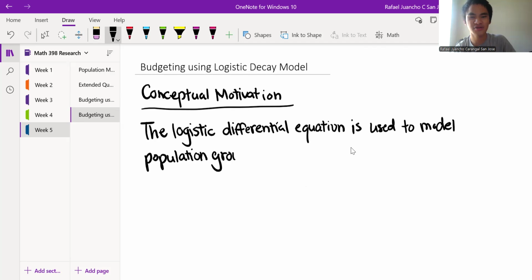It's more common for growth of a population with some maximum sustainable population, right?